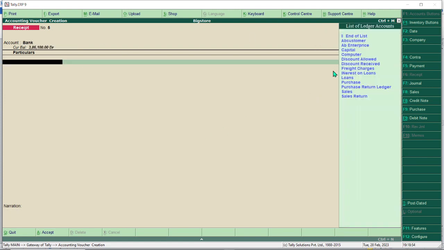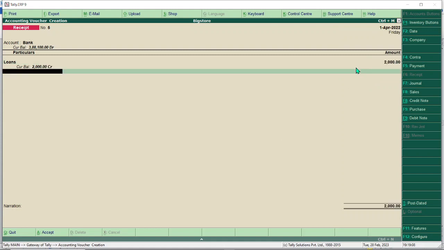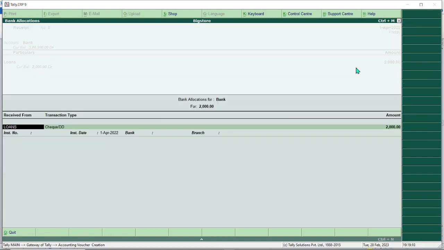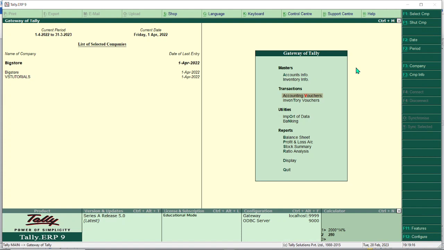We select bank, and then we select loans. If we want to take loans from bank, we take loans. Suppose we take 2000 rupees loan, and so we have taken 2000 rupees loan, and now we have to pay also interest on the loan.